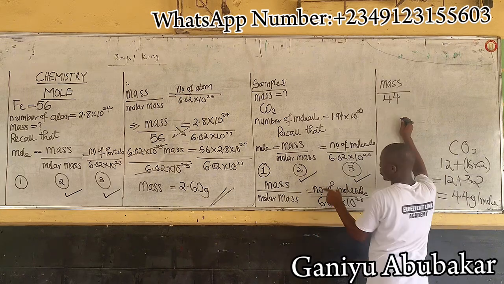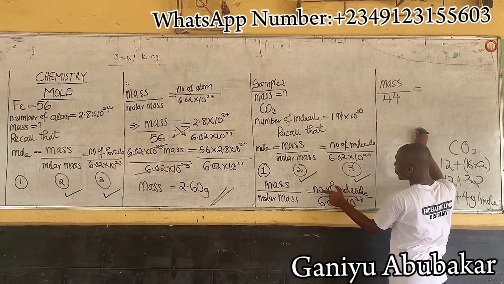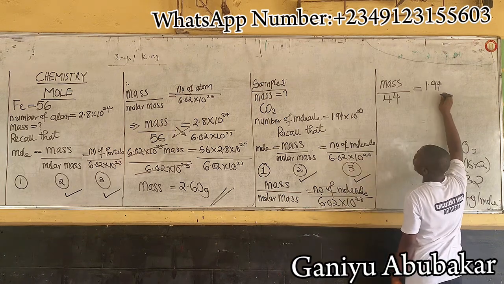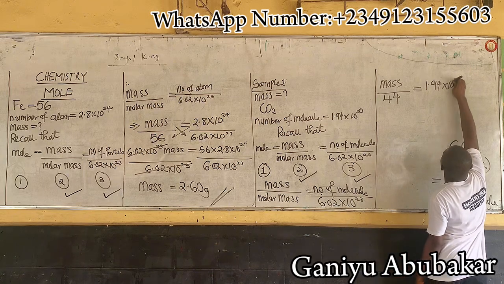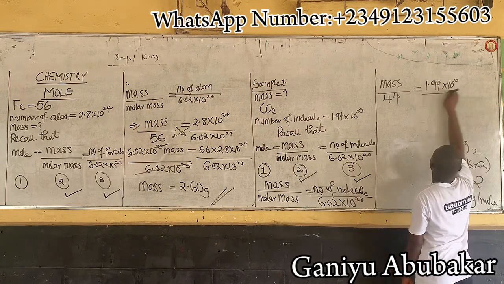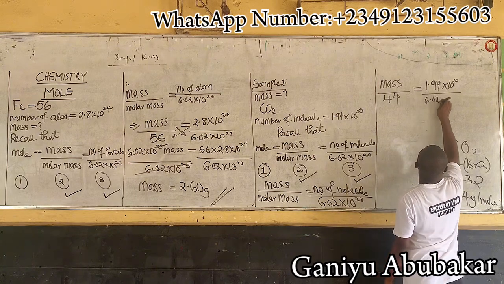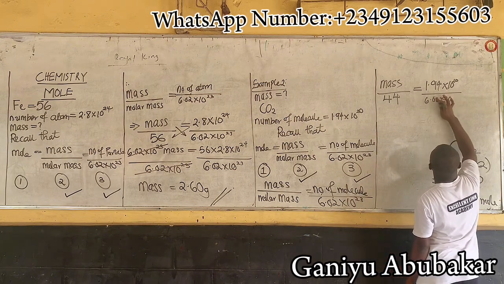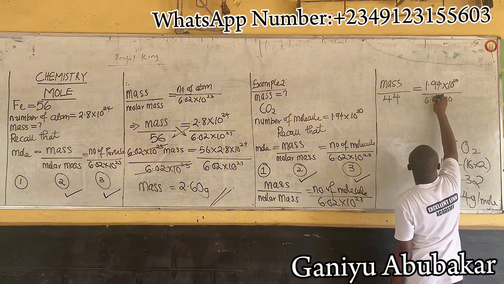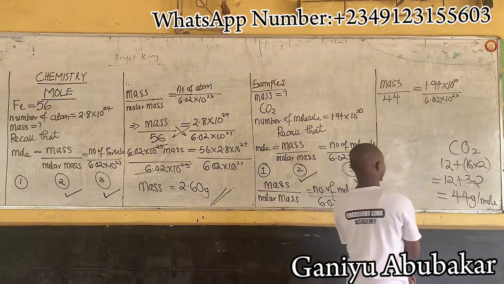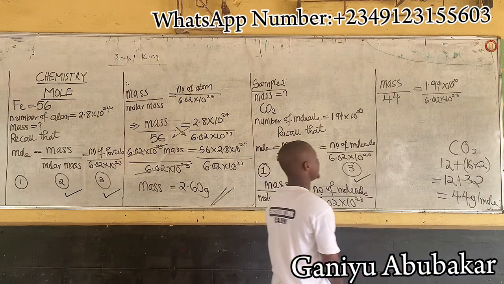So my molar mass now becomes 44, equal to the number of molecules given as 1.94 times 10 to the power 20, all over Avogadro's constant, 6.02 times 10 to the power 23. Let's get the mass. It's quite easy.